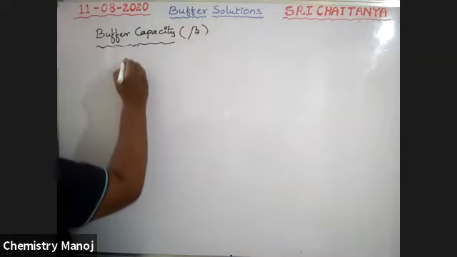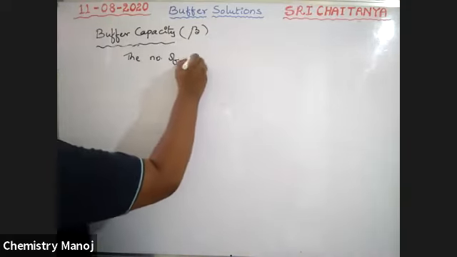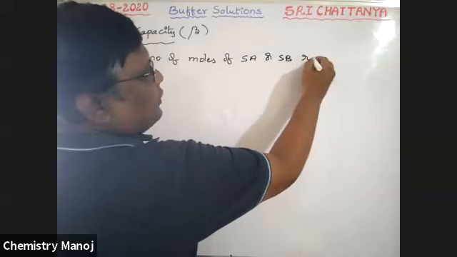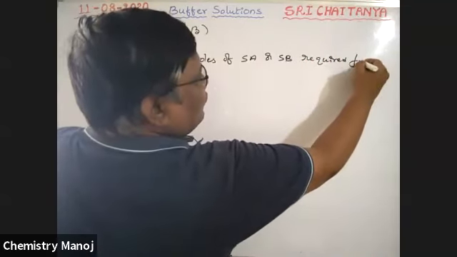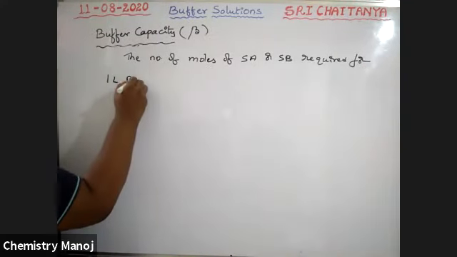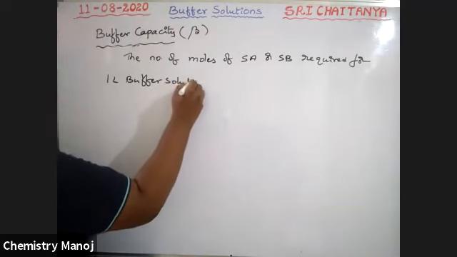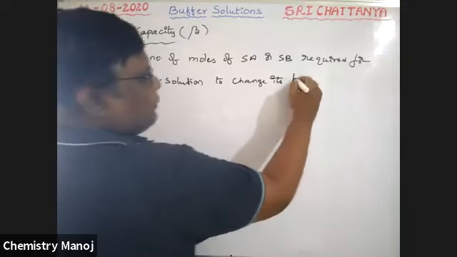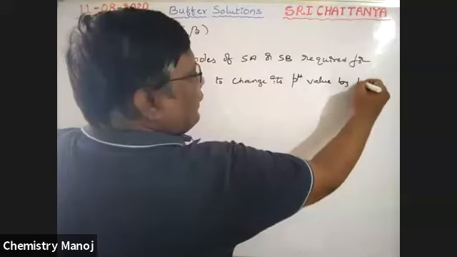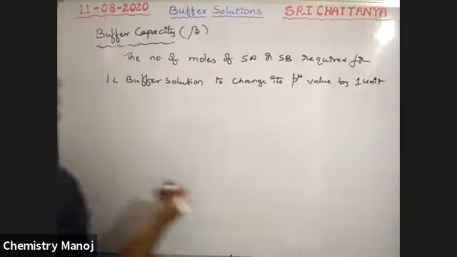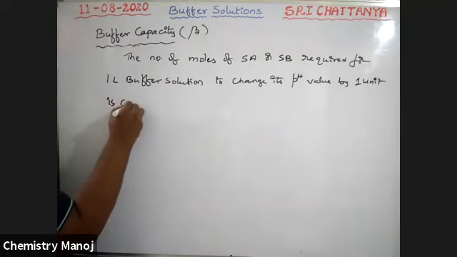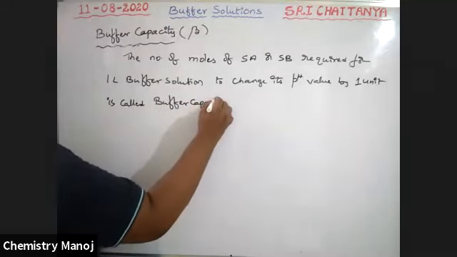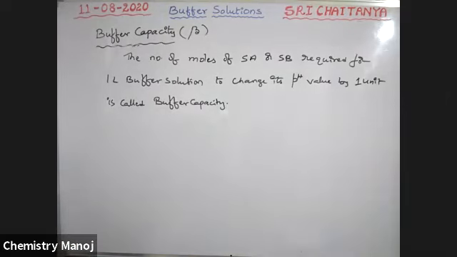That is the number of moles of strong acid or strong base required for 1 liter buffer solution to change its pH value by 1 unit, either increase or decrease, whatever it may be, is called buffer capacity. Did you catch my point, my dear boys?